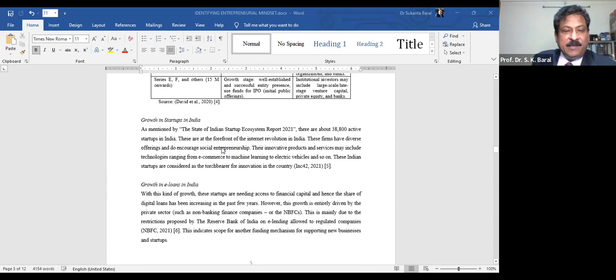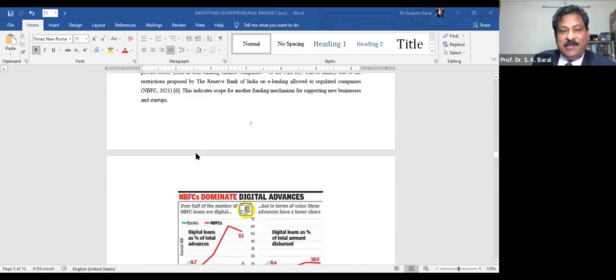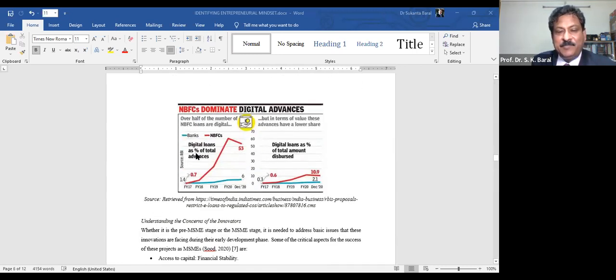And I have written here, I have tried to communicate the growth in startups in India, growth in e-loans in India. And here I have tried my best to retrieve data from Times of India, and this diagram I have taken from that source.